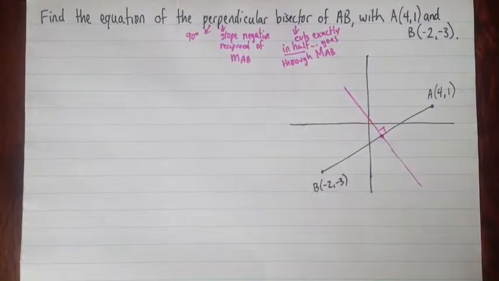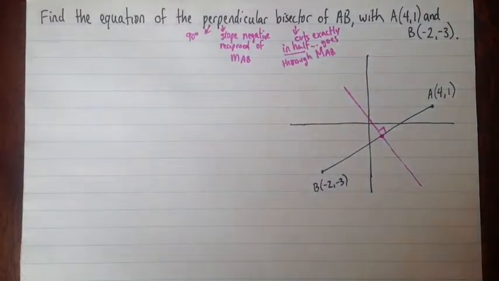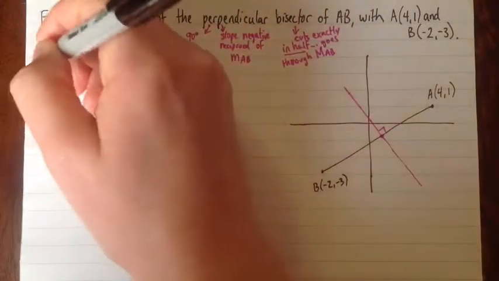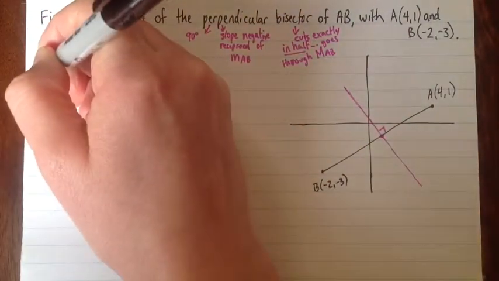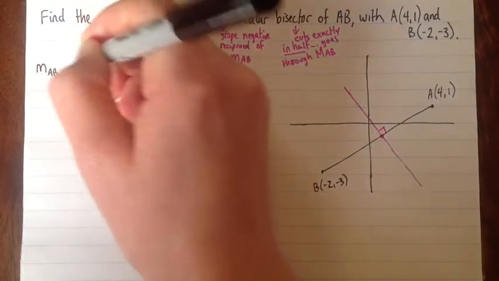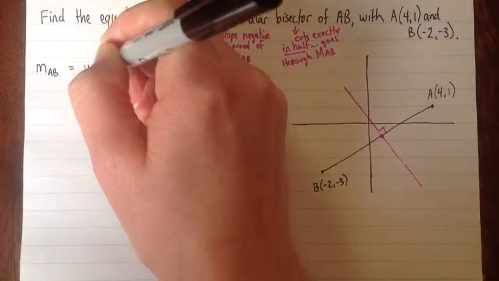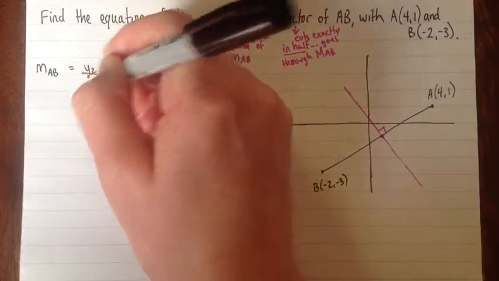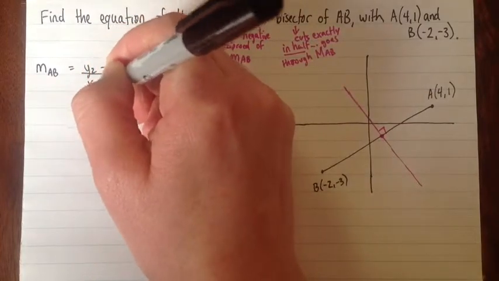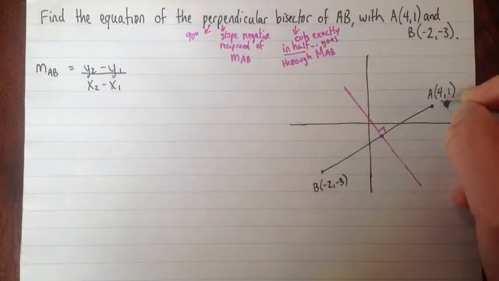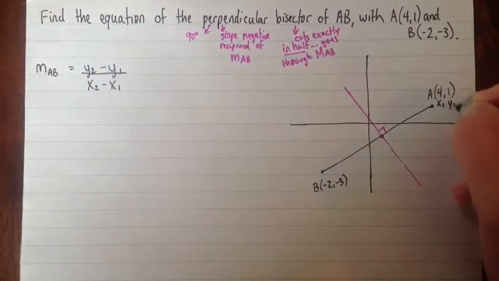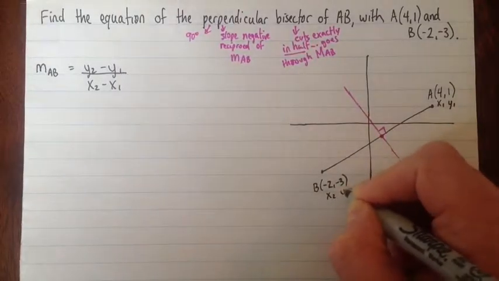Okay, so we have to find the slope and the midpoint of AB. We could do that in any order. I suppose I'll find the slope first. So lowercase m of AB equals y2 minus y1 over x2 minus x1. Let me label these x1, y1, x2, y2.